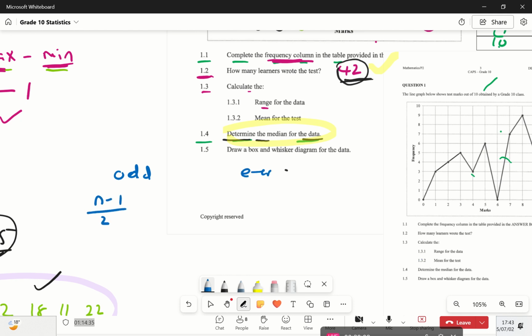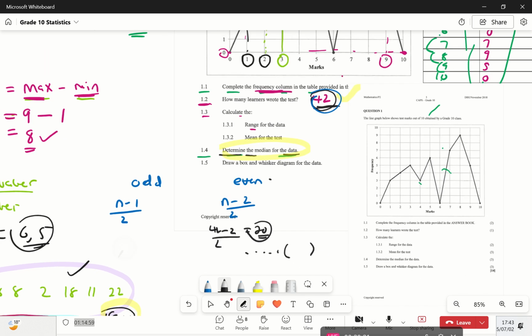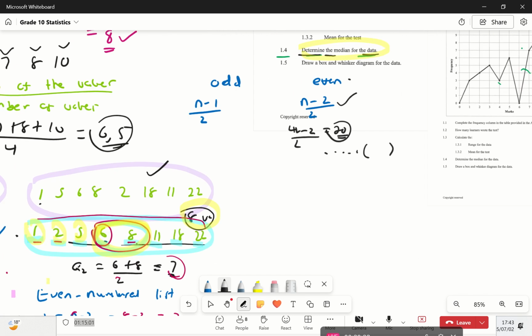If it's even numbered, it is n minus 2 over 2. Since it's even numbered, we use this formula: 42 minus 2 over 2 gives us 20. Which means we're going to count 20 digits, and then the next 2 digits will be our middle values. Are we together?